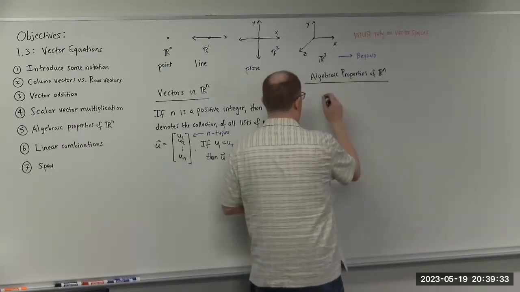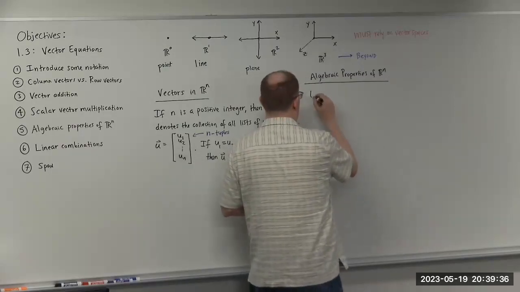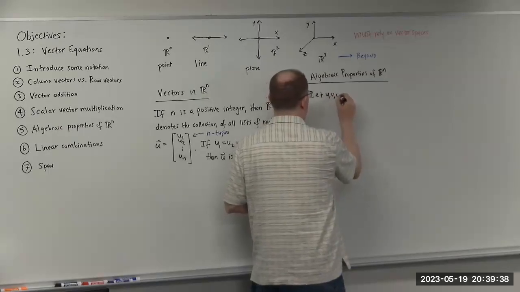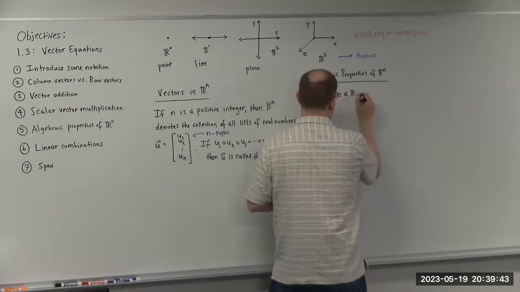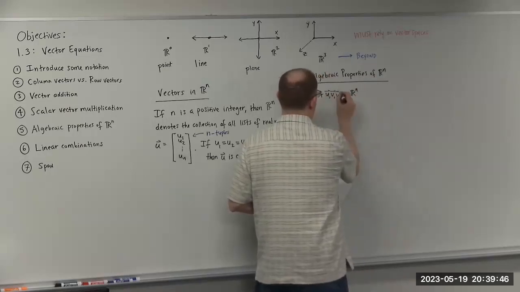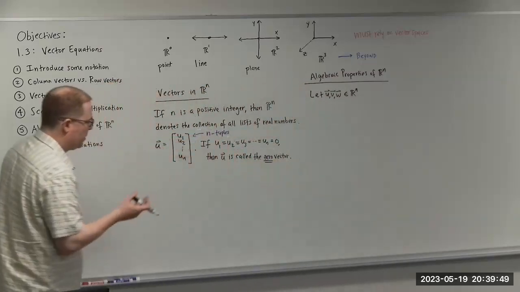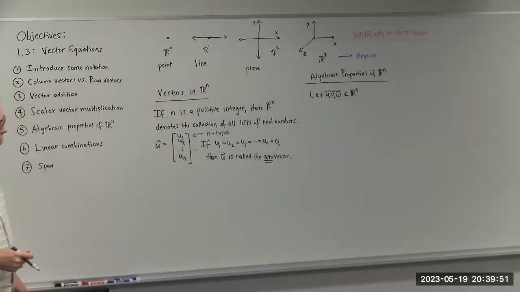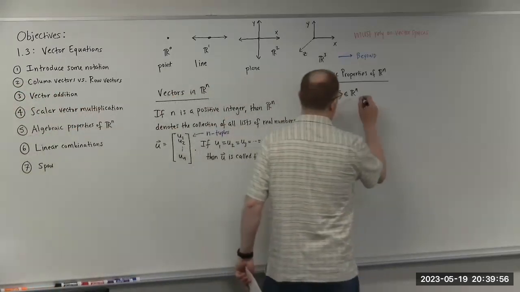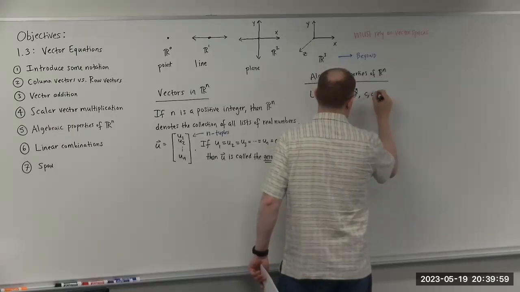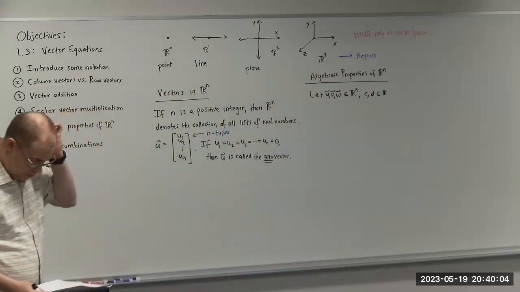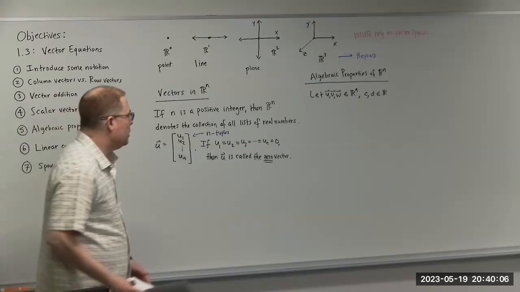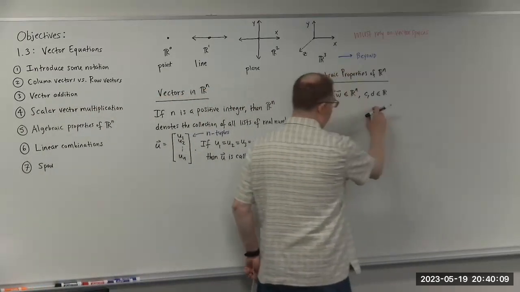First we have some assumptions. We have three vectors here, u, v, and w, which all belong to R^n. And then we have our scalar values, c and d, which are elements of the real numbers.